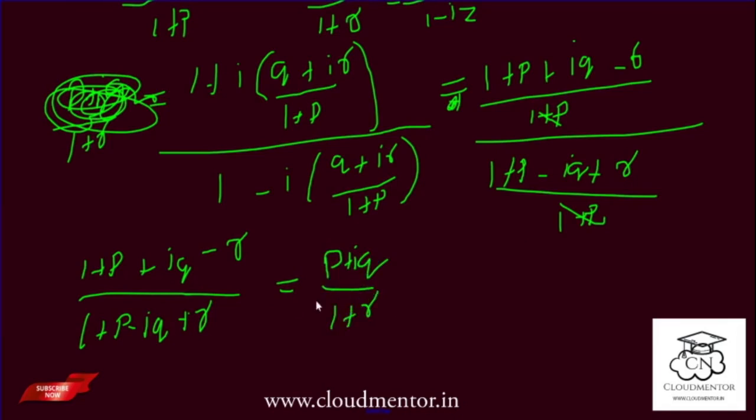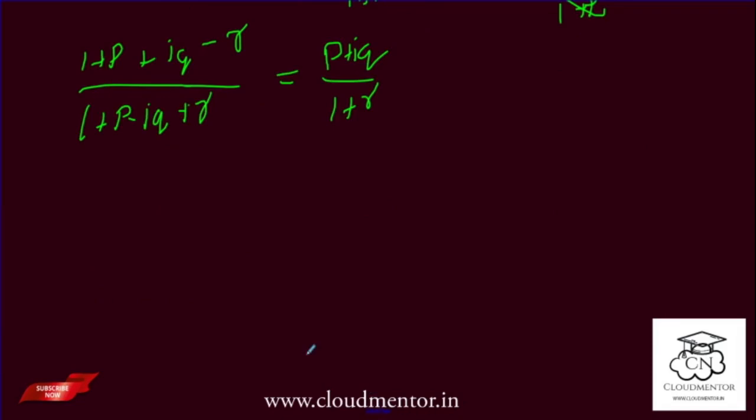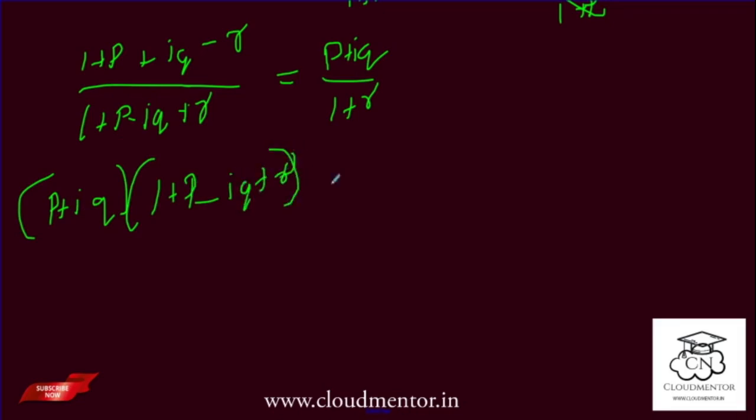So cross multiplying we get p plus iq of 1 plus p minus iq plus r is equal to 1 plus p, just a minute. Okay.